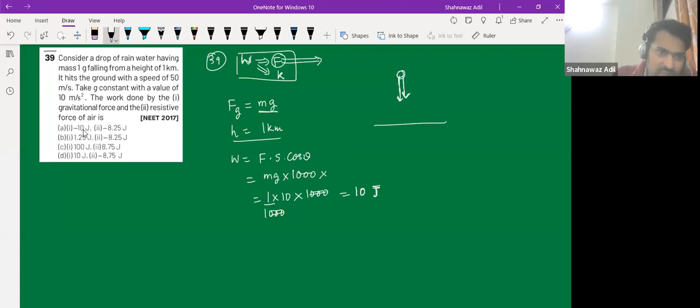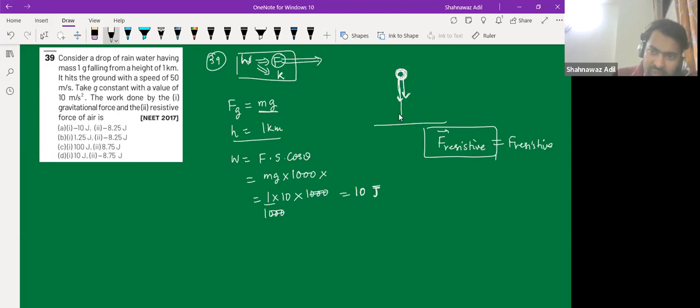Now we have to find out the resistive force of the air, and we have to find out the magnitude of that. This rain is falling, so there are two forces involved.